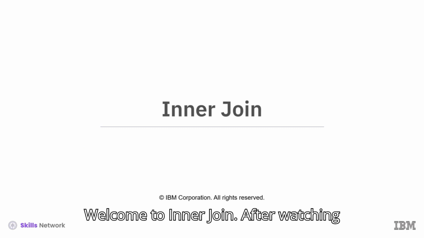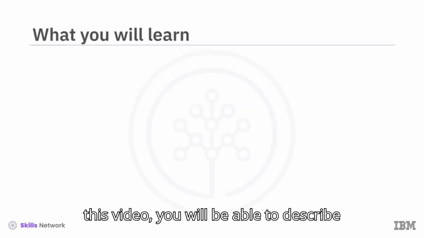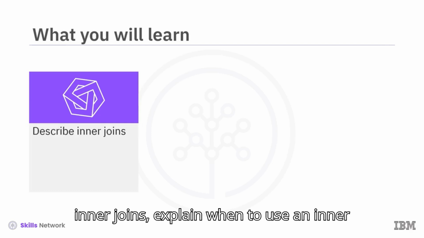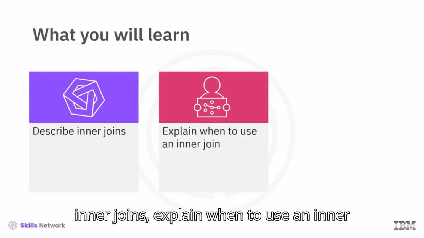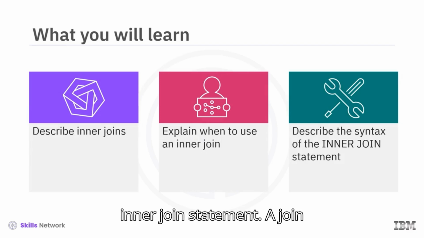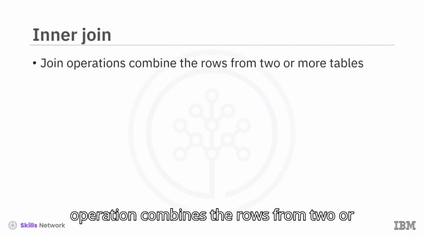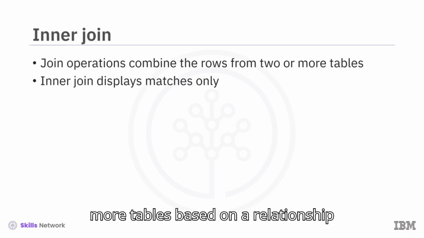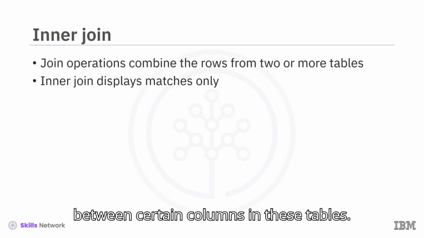Welcome to Inner Join. After watching this video, you will be able to describe inner joins, explain when to use an inner join, and describe the syntax of the inner join statement. A join operation combines the rows from 2 or more tables based on a relationship between certain columns in these tables.